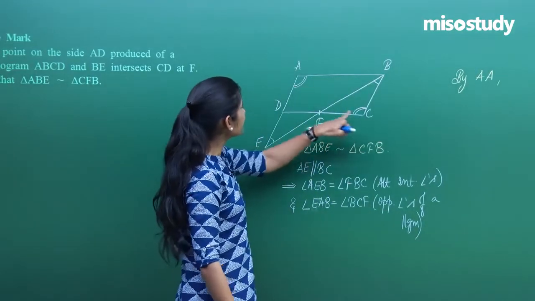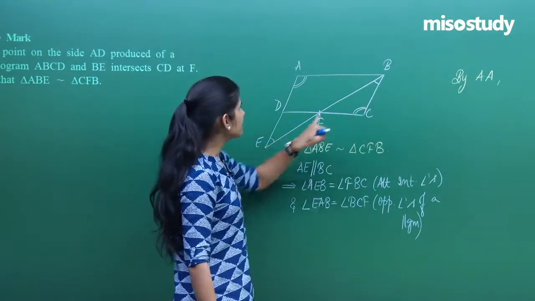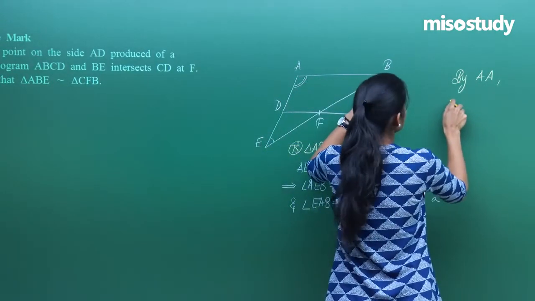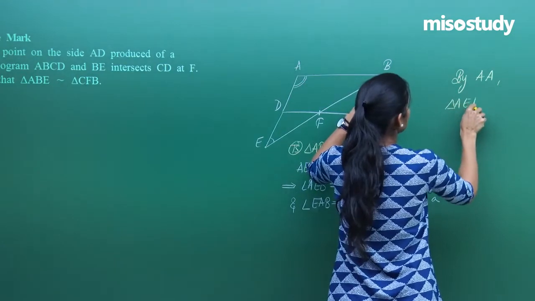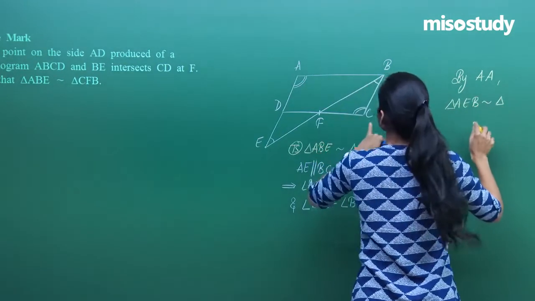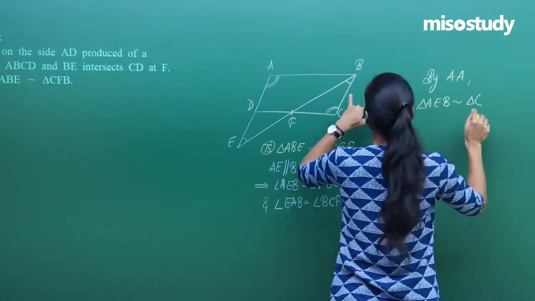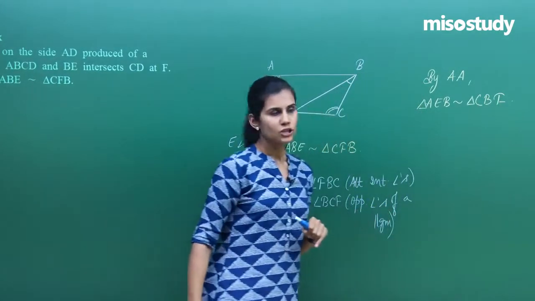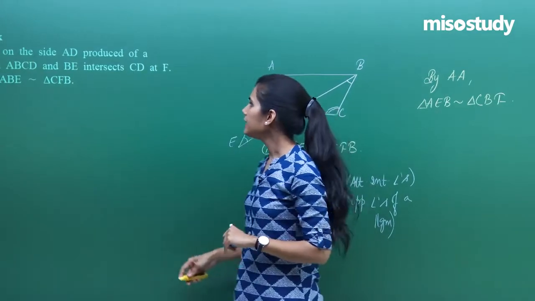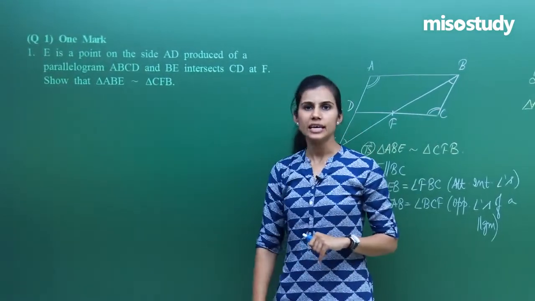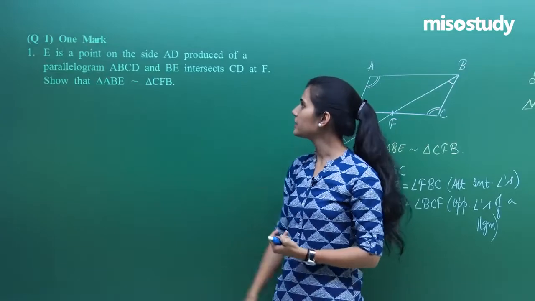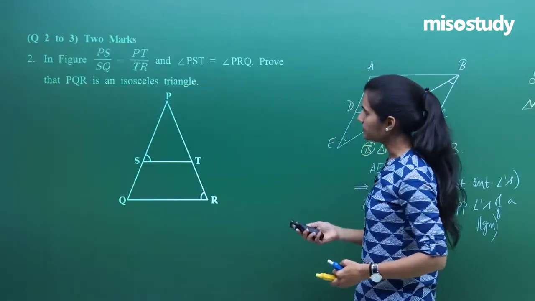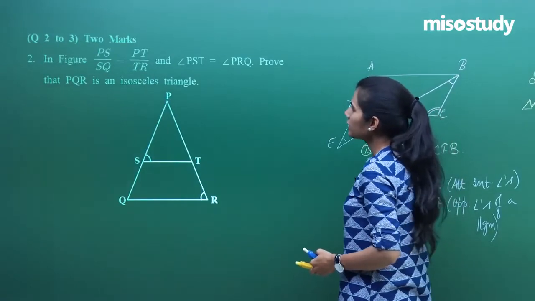You have A corresponding to C, this E corresponding to this B. So I will have triangle AEB similar to triangle CBF. So I have proved that triangle AEB is similar to triangle CBF, or triangle ABE is similar to triangle CFB. Clear? By AA similarity criteria. Then we have this figure given.